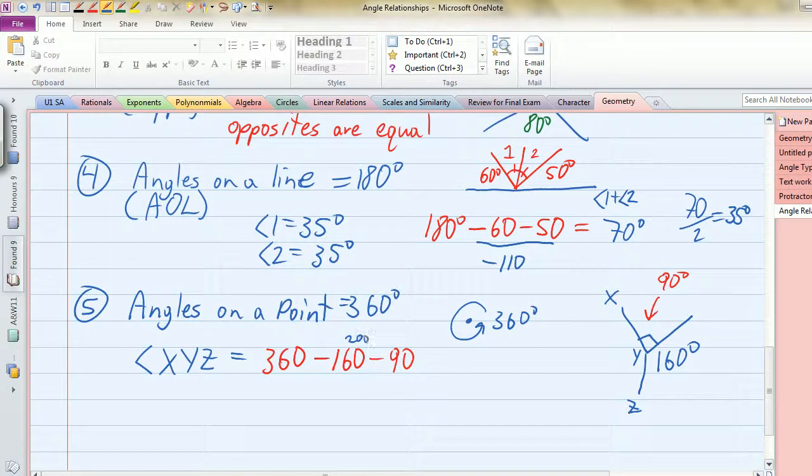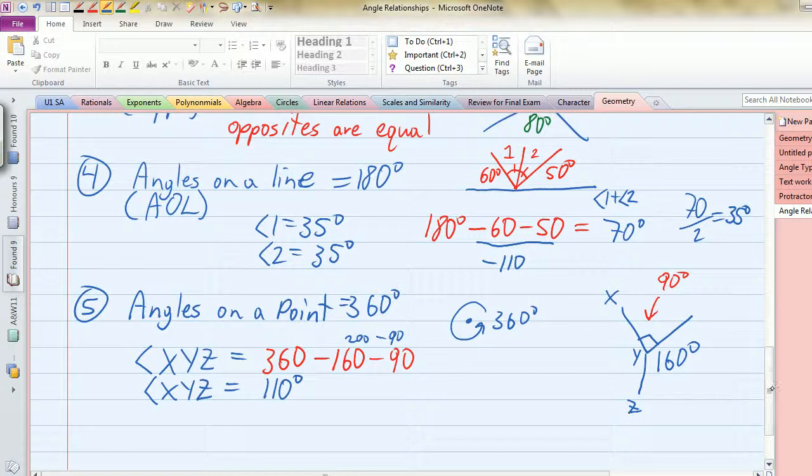It's 200. And then we can quickly go 200 minus 90, and our angle equals 110 degrees. So sometimes we'll do some mental math to put numbers together, and sometimes we'll just do them separately. Okay. So we have angle XYZ equals 110 degrees. Any questions?